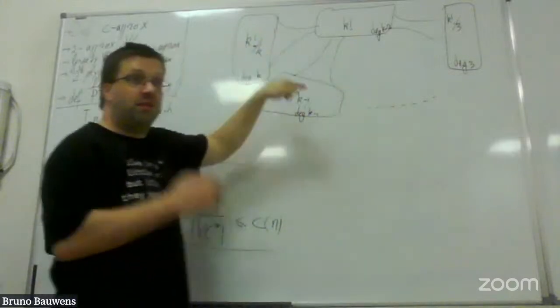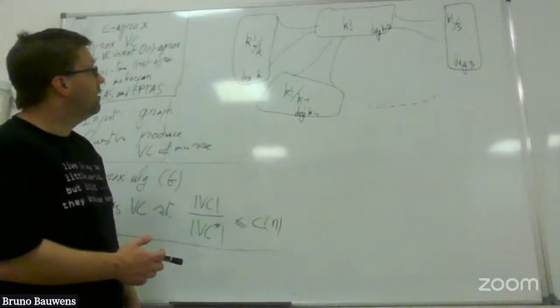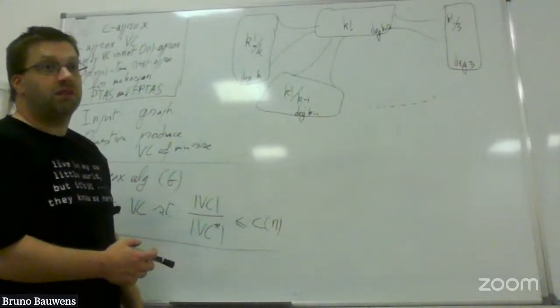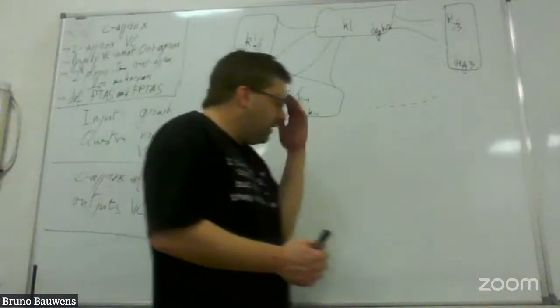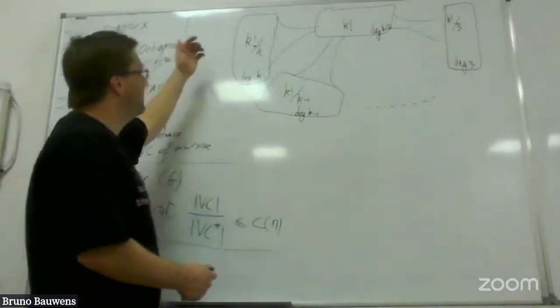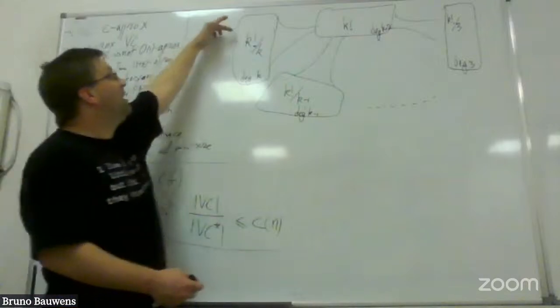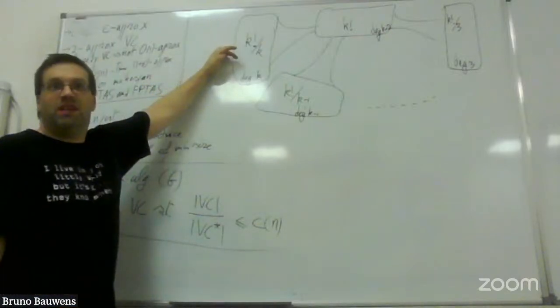But we have k factorial divided by k vertices with degree k, no? Ah, no, it's factorial divided by k. Okay, sorry, I'm confused. Yes. Okay, nothing is wrong. Sorry, I'm just distracted. So we will select all these nodes because they have degree k.